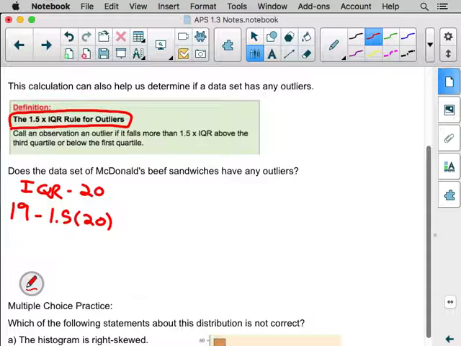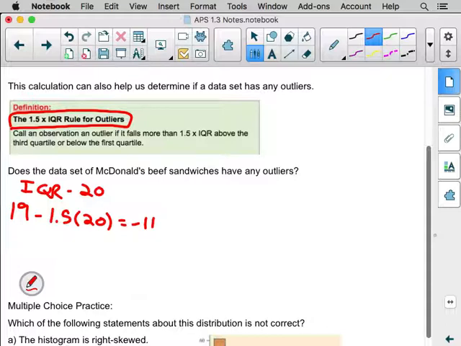Let me pull out a calculator really quickly. So 19 minus 1.5 times 20 gives us negative 11. I don't think there were any sandwiches with less than negative 11 grams of fat, right? That wouldn't really make sense. So are there any lower outliers? No. Then we do the opposite. We start at Q3 and work our way up.